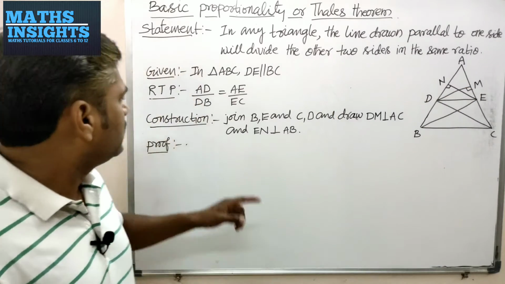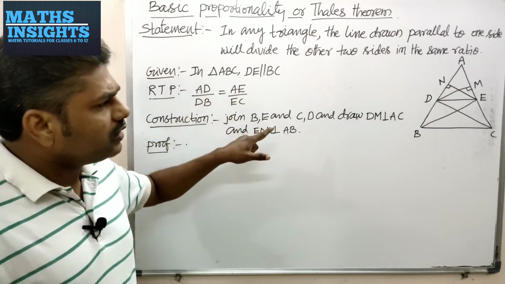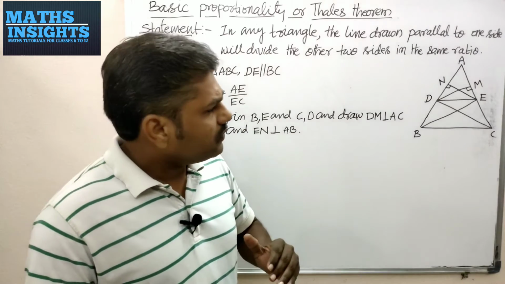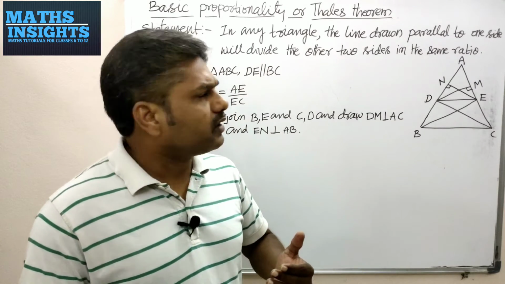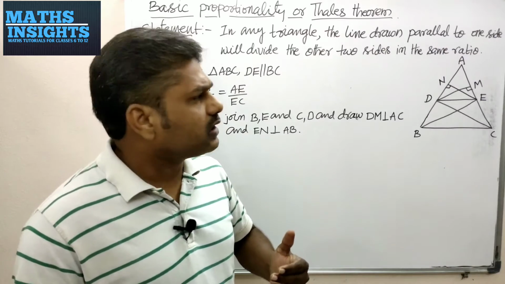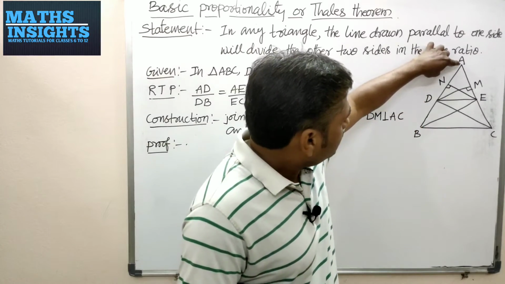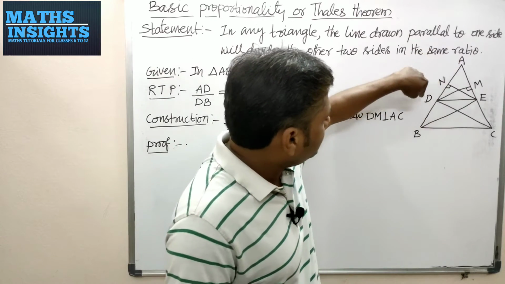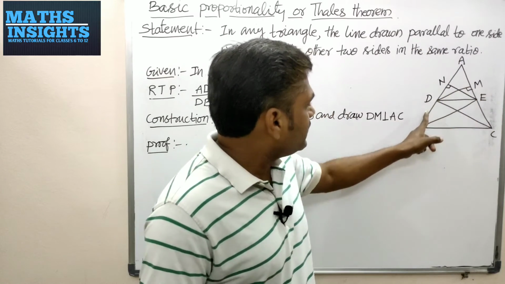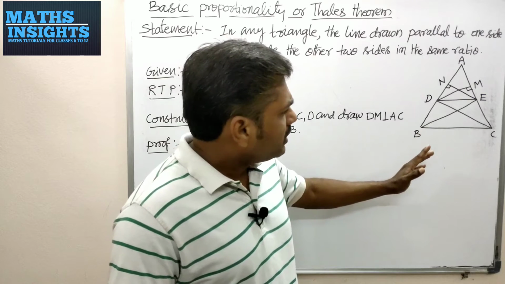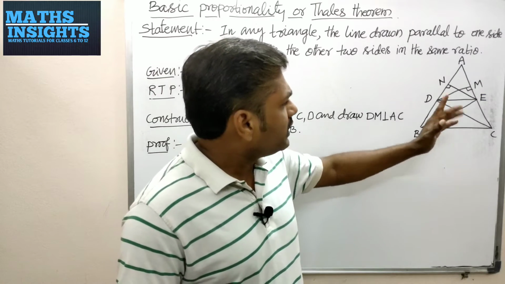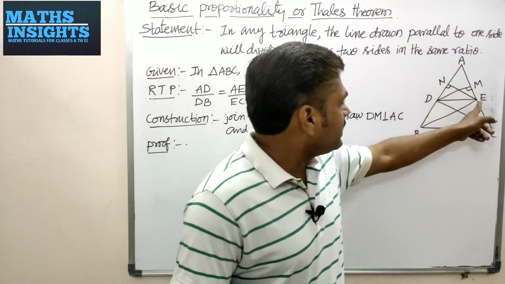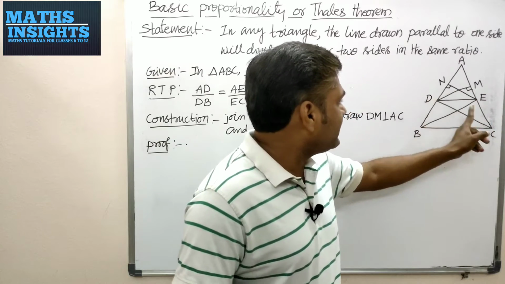To prove that these ratios are equal, I will explain the procedure first, then we will proceed accordingly. See, I will take the ratio of areas of two triangles, that is ADE and EDB. Again, I will take the ratio of areas of ADE and EDC.